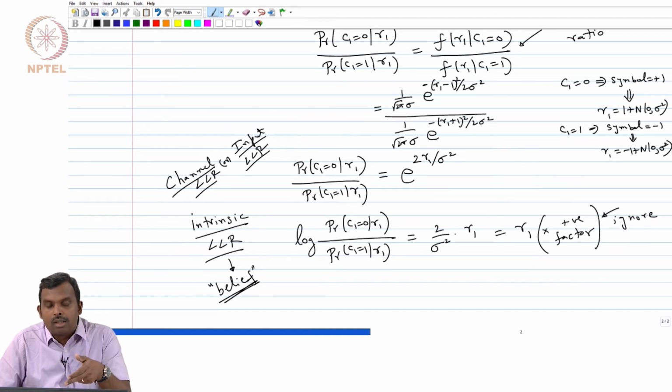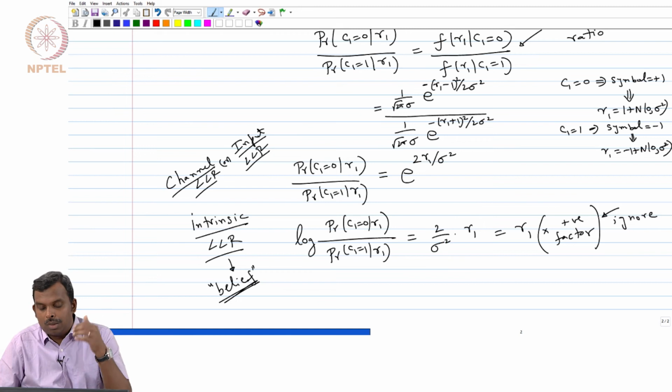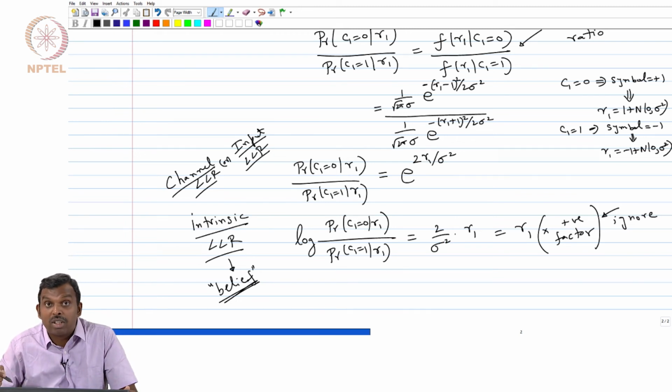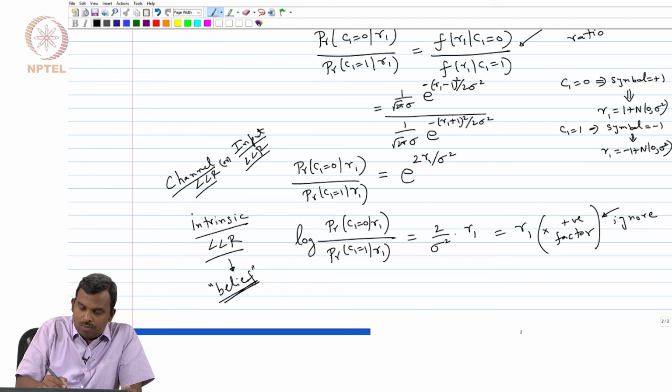The probability of C2 equals 0 given R2 divided by the probability of C2 equals 1 given R2 will be 2 by sigma squared times R2. Sometimes I like to call this a small L1.